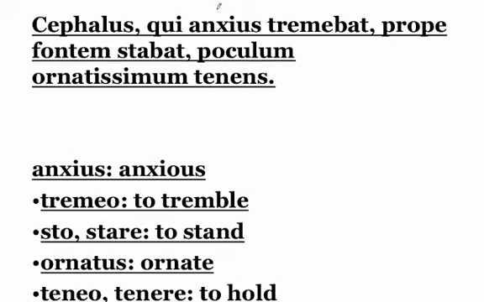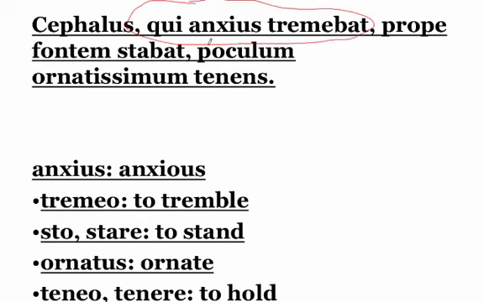Last sentence. Cephalus, comma, qui anxios tremebat, comma, prope fontem stabat, comma, poculum ornatissimum tenens. Again, why do you think I read all those commas? Because they matter. In this case, by the way, let's draw a circle there.